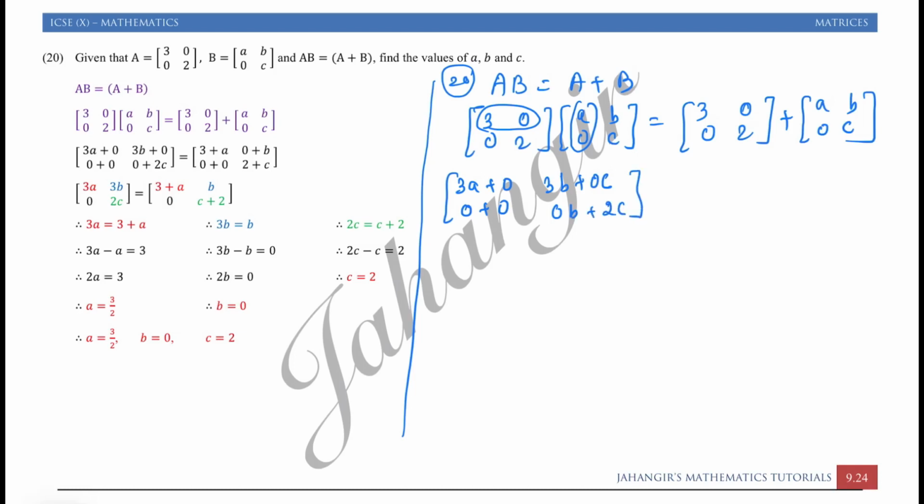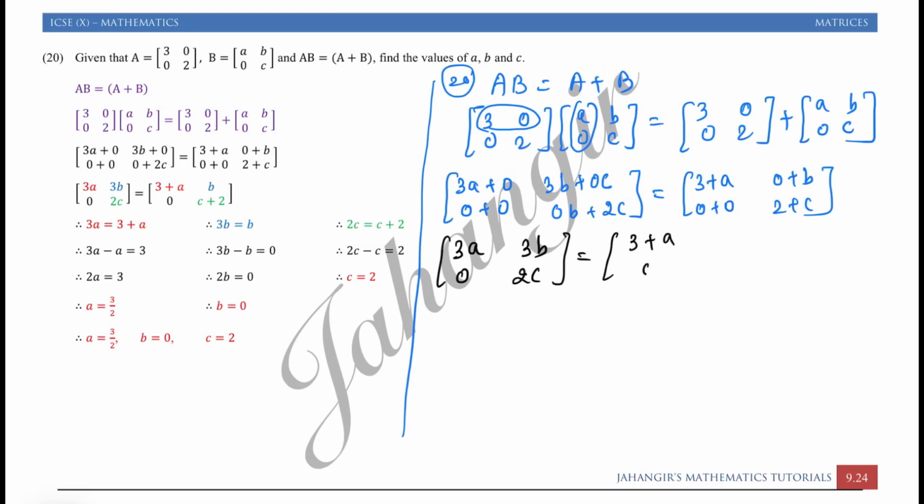Now here I can add 3 plus A, 0 plus B, 0 plus 0 and 2 plus C. Let's write it in the simplest form. Then we can compare: 3A 0, 3B 2C is equal to 3 plus A, 0, 0 plus B, 2 plus C.